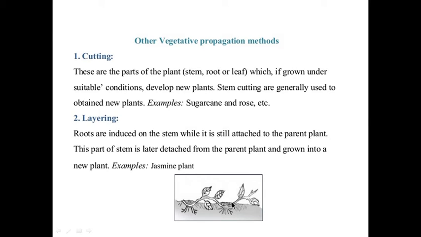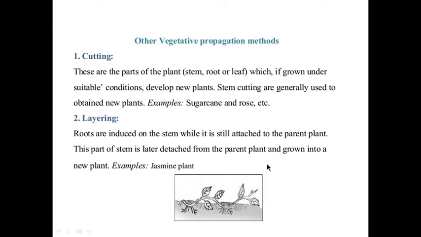When the roots are properly fixed with the stem, that part is removed from the parent plant and transplanted into new soil or a new field, and then it will form a new plant.